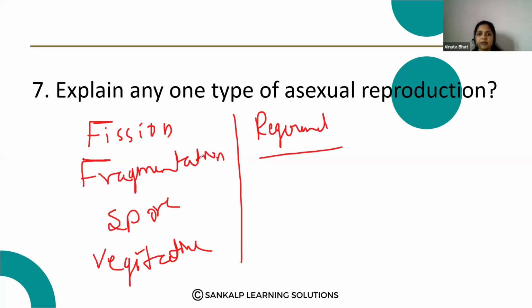These are the different methods of the asexual reproduction in case of the organisms.